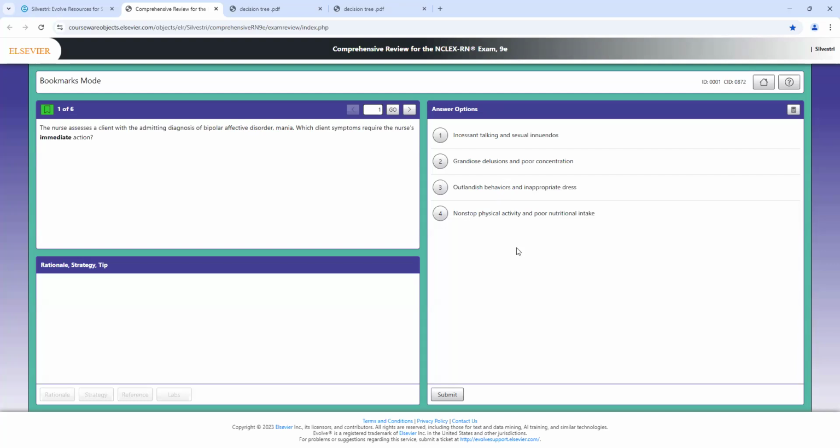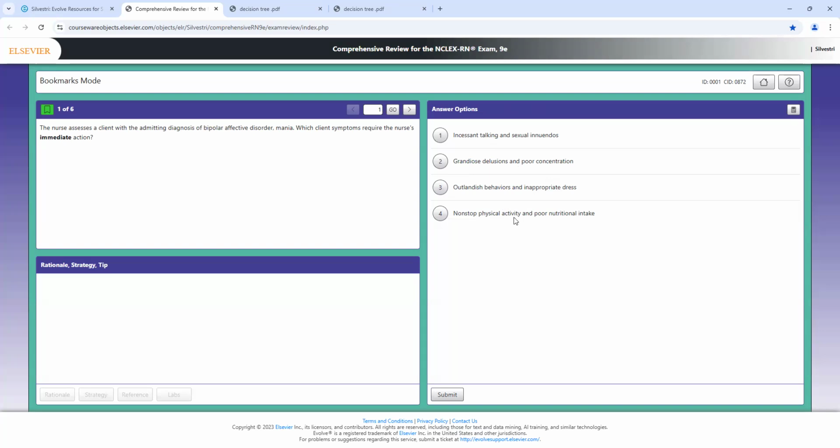So the first one is assessment and implementation. Remember, that's our first step. So let's go through our answer choices. The client is experiencing what? Incessant talking and sexual innuendos, grandiose delusions and poor concentration, outlandish behaviors and inappropriate dress, nonstop physical activity, and poor nutritional intake. Now, you will see none of these are related to assessment nor implementation.